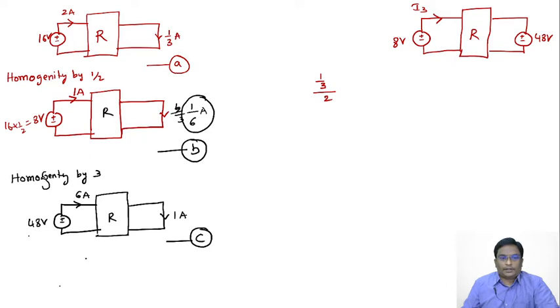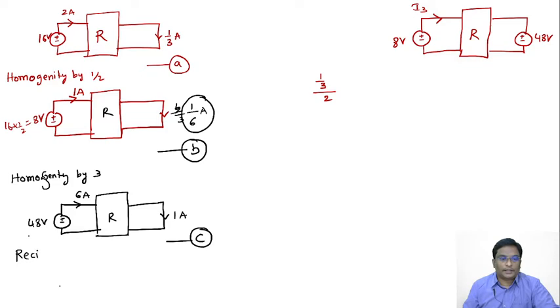In figure C, they are asking us to determine, when this is 8 volts, what is the current? When this is 8 volts, this current is 1 ampere. When this is 48 volts, what is the current we require here? Since the network is a resistive network, it will obey linearity. It is a passive bilateral network, and all linear passive bilateral networks obey the reciprocity principle.